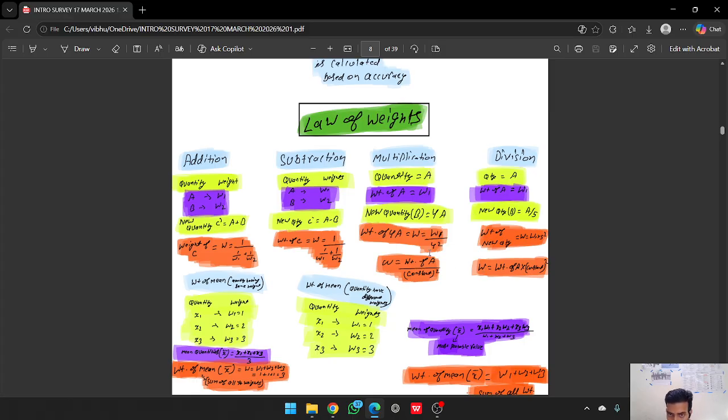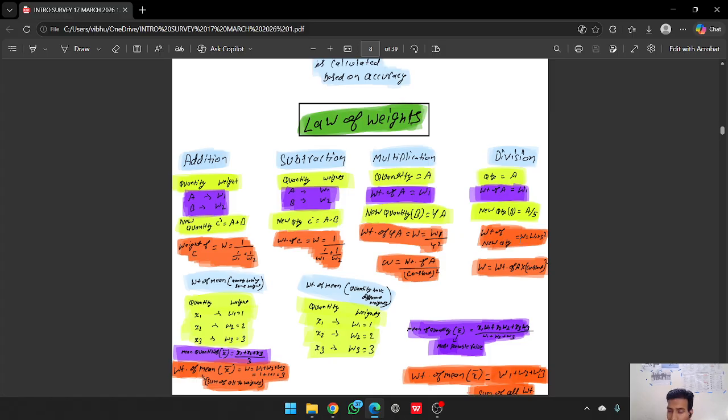In division the law of multiplication applies, and in multiplication the law of division applies. For a weight W1 of A with a constant, say 4, the weight is divided by the square of 4.